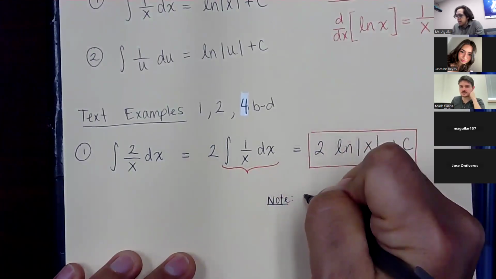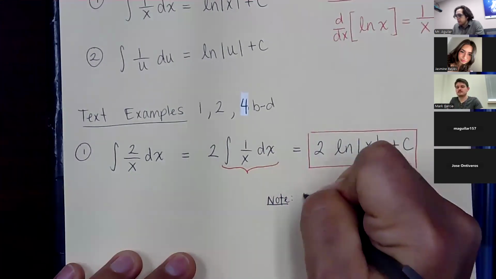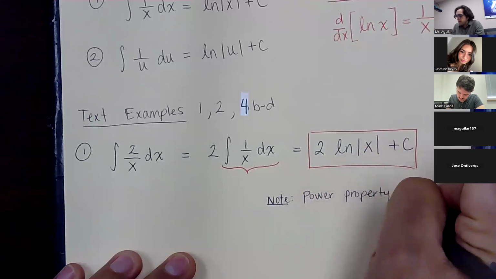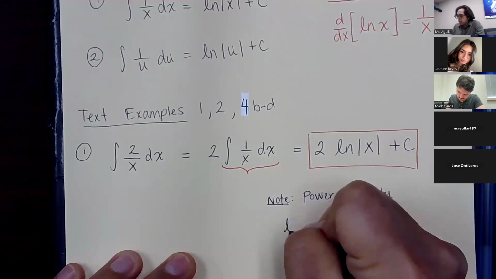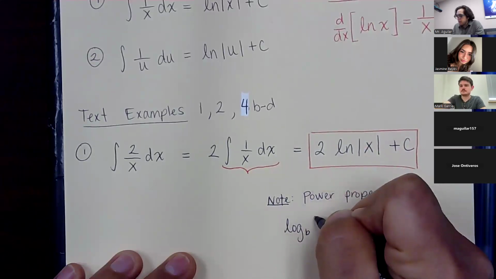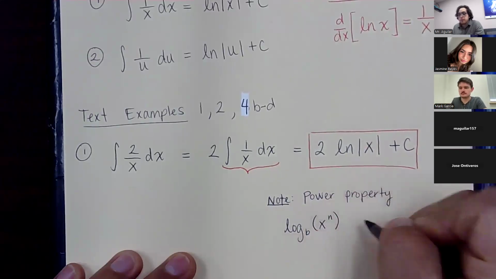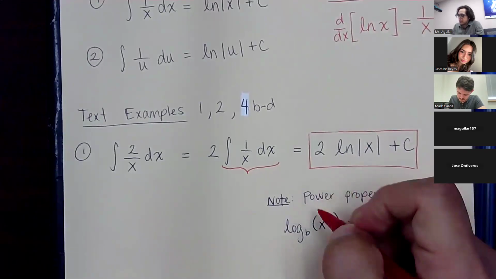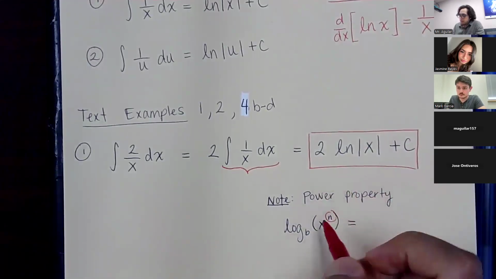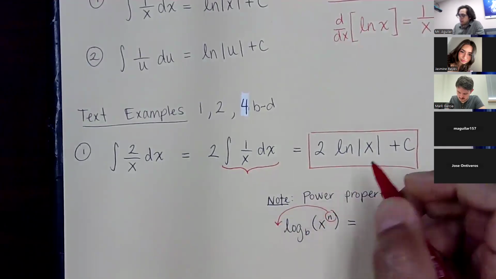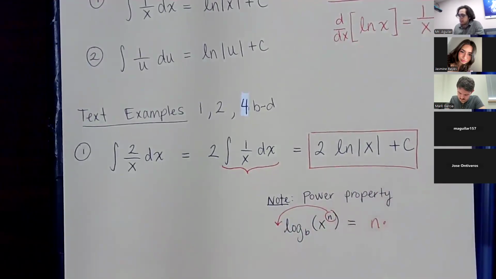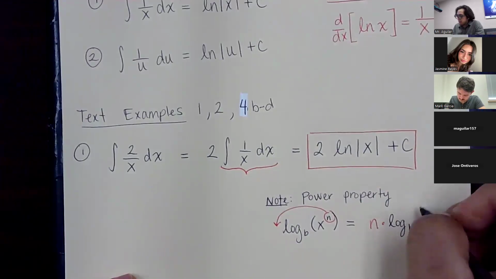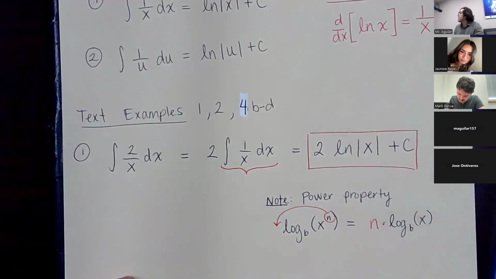So if you have a log, you have this property of logs called the power property, where if you have, let's say, log base b of x to the n power, then you can rewrite that as taking the n, moving it to the front of the log, and writing that as n times log base b of x.